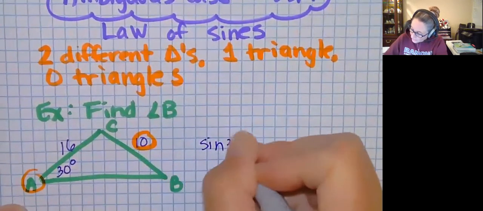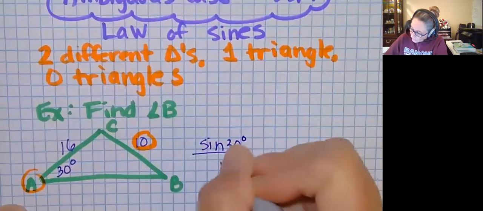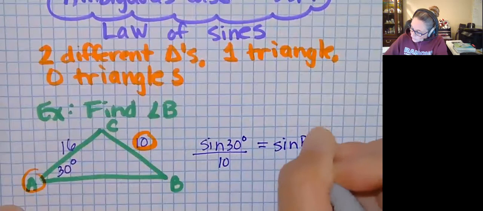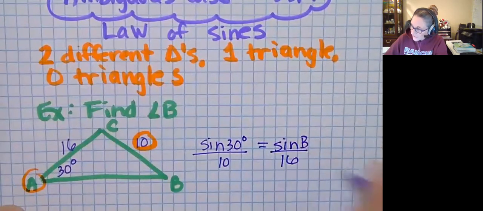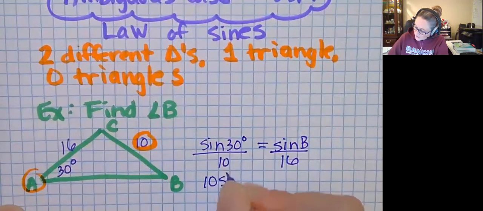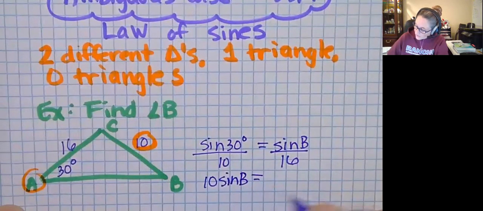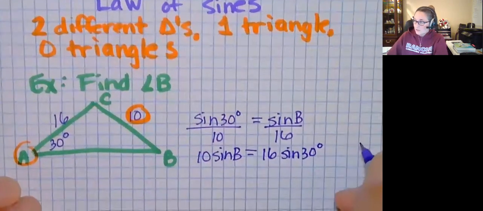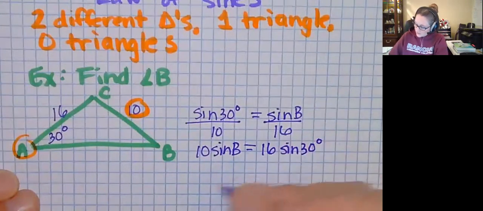So I am going to be doing sine of 30 degrees over 10 equals sine of B, which I'm trying to find, over 16, cross multiply. I get 10 sine B is equal to 16 sine 30 degrees. I am going to divide both sides by 10.